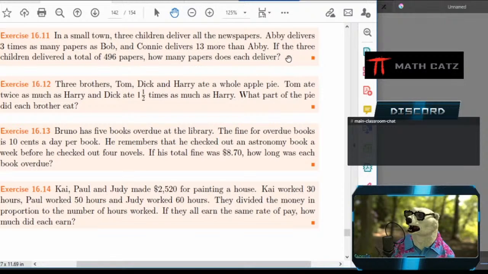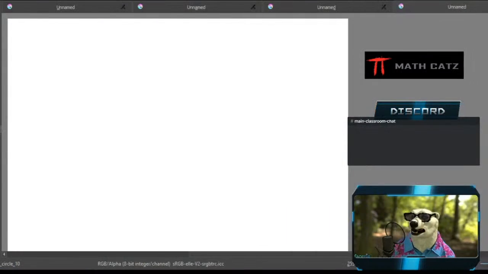You see the same kind of information pops up that I need to represent by way of variables, the number of papers each person delivers, and then I'll add them up because they give me a total. The more questions I do, the more I see that repetition and I build my experience, and it does become easier.